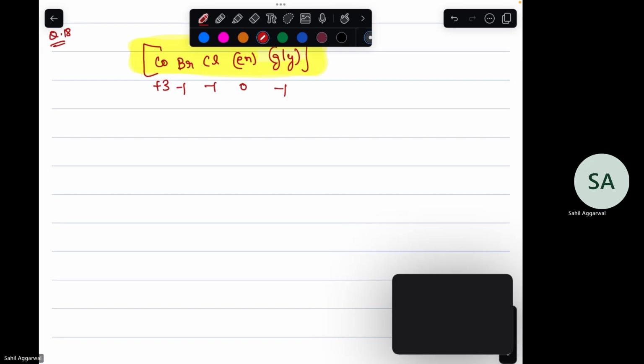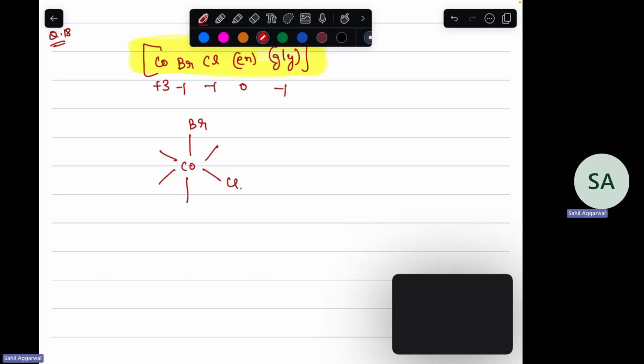It says which of the following statements are correct? If both the halogen atoms, bromine and chlorine, are present at 1 and 3 position, then the compound should be optically active.